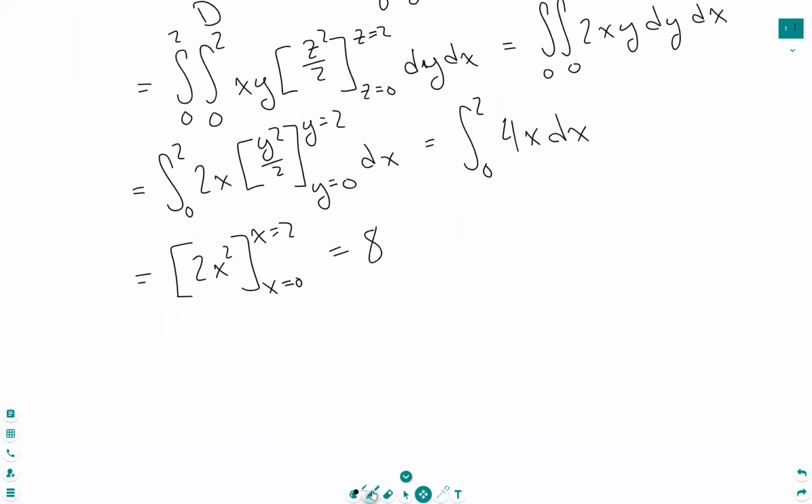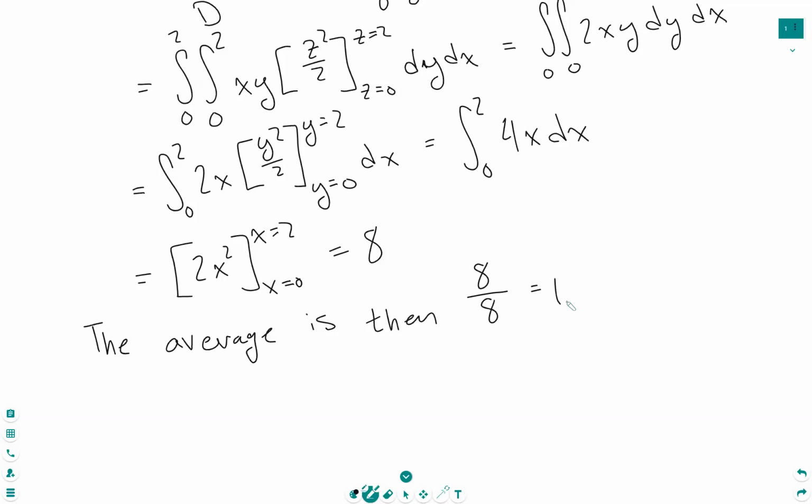So the average is then 8 over the volume, which was also 8, which is equal to 1. Okay, if the average of x, y, z over this cube is equal to 1, does that make sense?